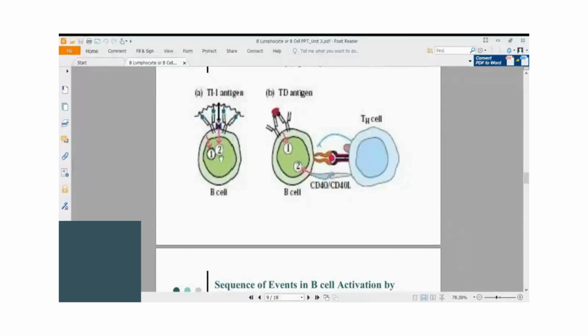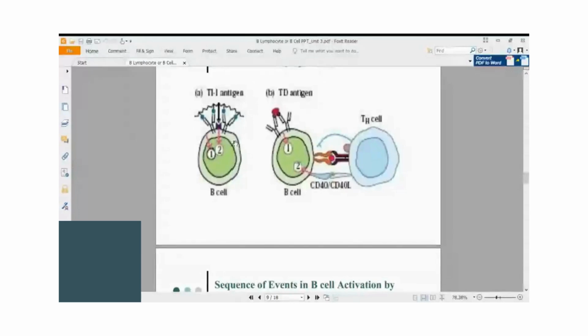So signal 2 is essential for that B lymphocyte to undergo proliferation, that is multiplication by mitosis, and produce clones of B lymphocytes of the same type, recognizing the same T cell independent antigen, and produce copious amounts of IgM molecule and tackle that antigen.